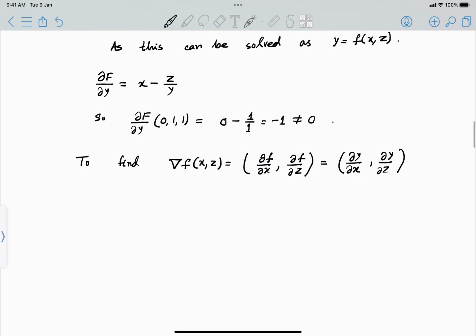So that we have to find. So this is grad f.